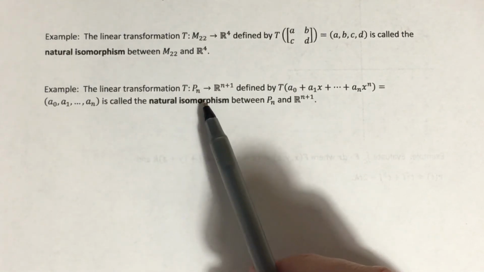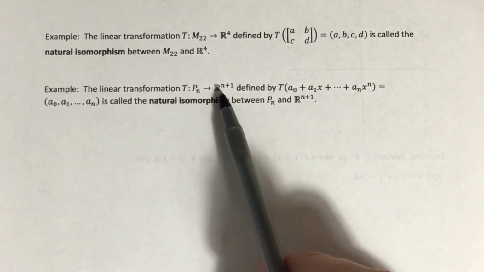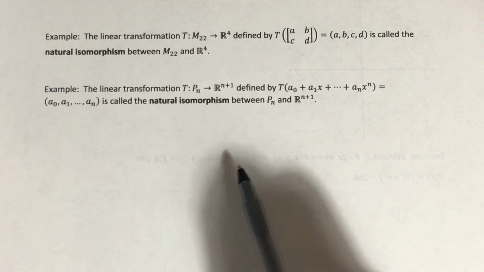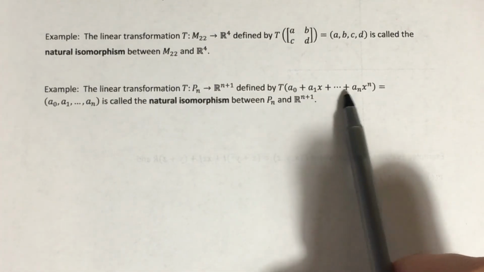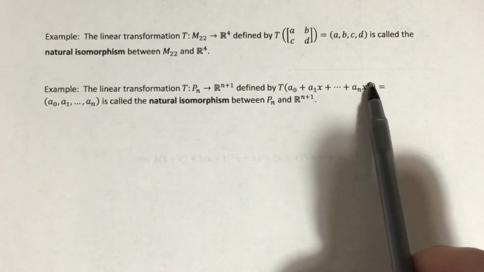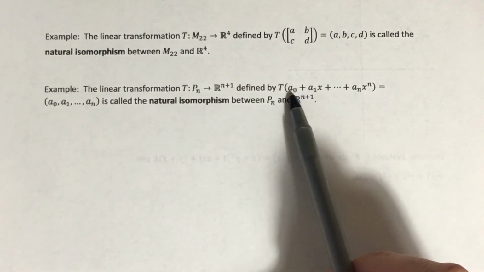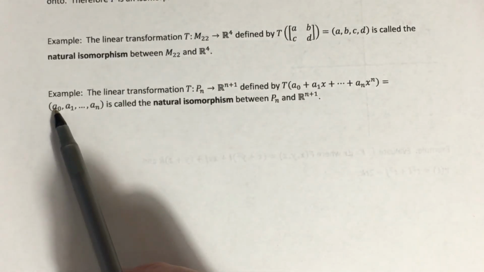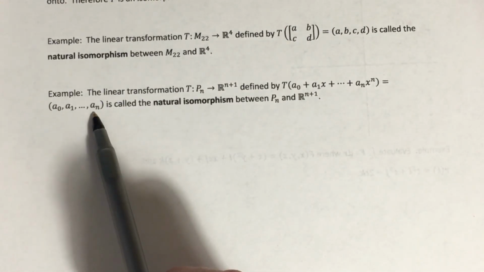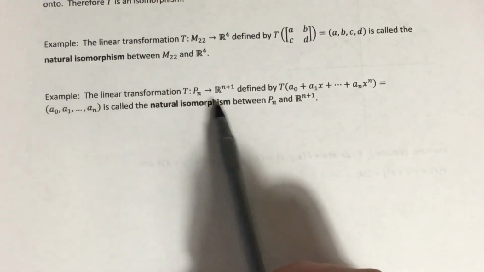Another natural isomorphism takes Pn into Rn+1. Notice the dimension of these is the same. If you plug in the polynomial a0 plus a1x plus, all the way until you get to a_n x to the n, this transformation strips the polynomial of its scalars and then puts the scalars into an ordered (n+1)-tuple. This produces an isomorphism as well.